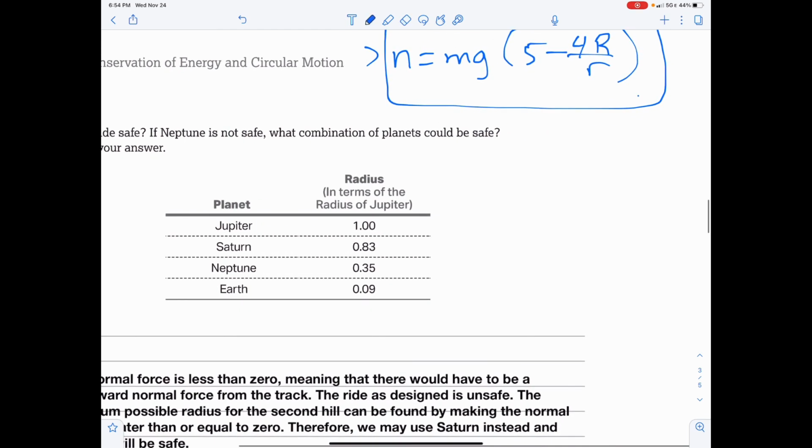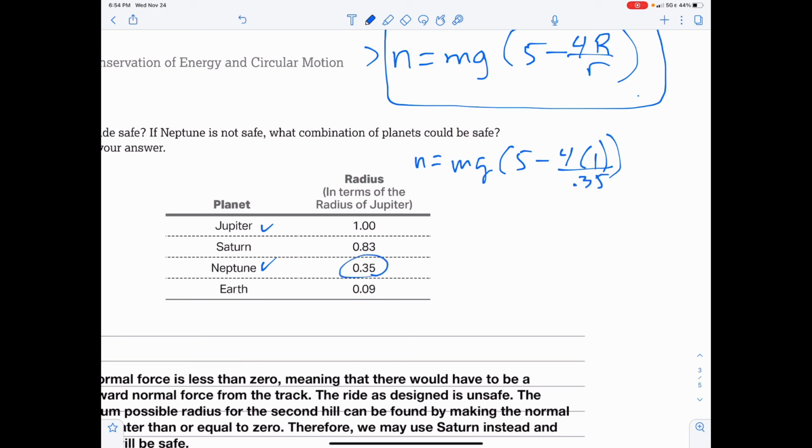Okay, so if we look at, let's say, Jupiter and Neptune, so a normal force, don't worry so much about mg, because that's just relating to the weight of the roller coaster. But then we've got 5 minus 4 times 1 over a little r, which is 0.35.